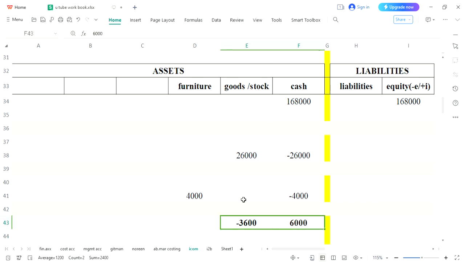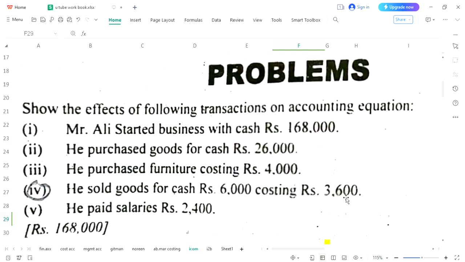Alright, now you will say that this transaction is not completed yet. So how will you see it? Cost of 3,600 worth of goods you sold, cash received was 6,000. The difference is what? Now there is a simple question. Will you be happy or sad when you have sold your goods at a price higher than the cost? You have bought these commodities for 36 and sold for 6,000.